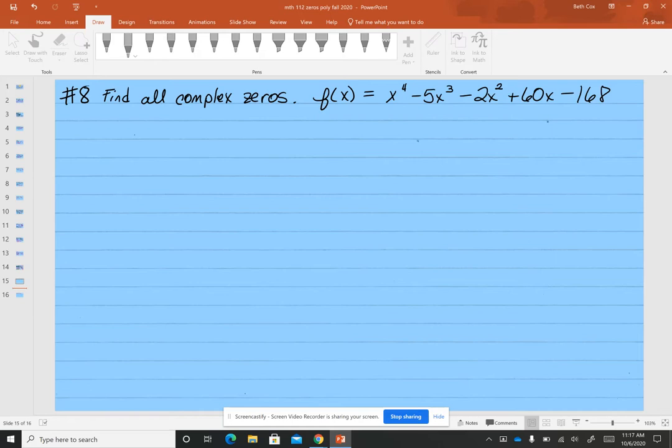When you list all the factors, your first step is technically to list your potential factors. Since I give you a hint, you can kind of avoid it. But 168 has a lot of factors. 1, 2, 3, 4, 7.